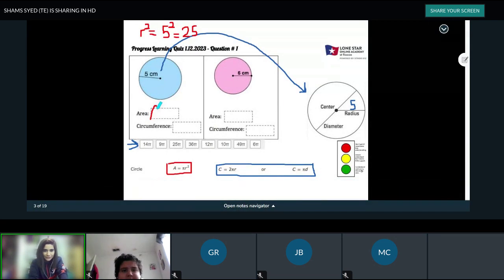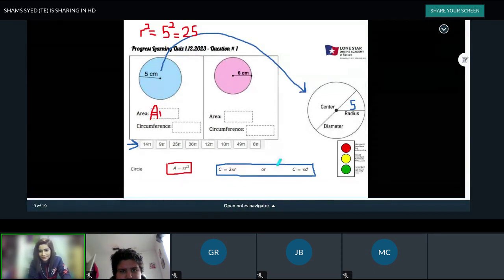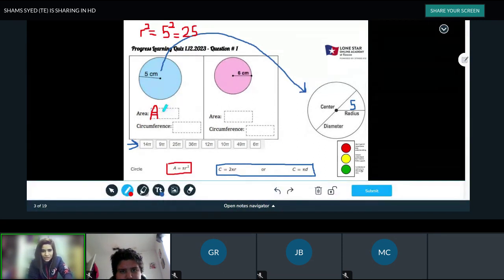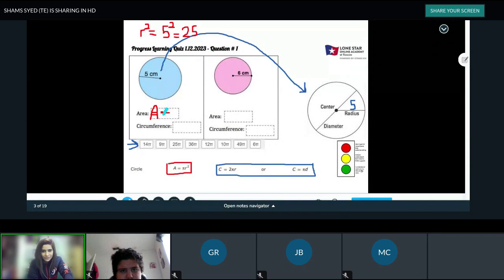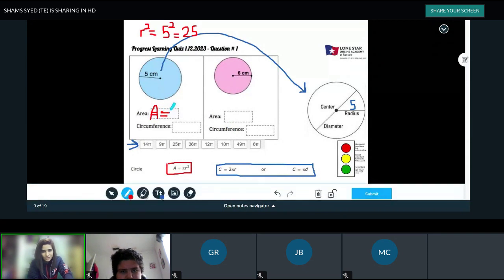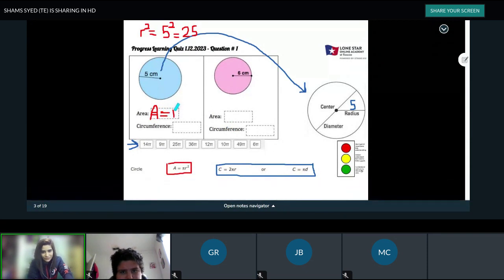Then to find area of a circle, what will I do? I know area equals pi times 25. This is the formula, right? Pi times radius squared. So pi times 25.